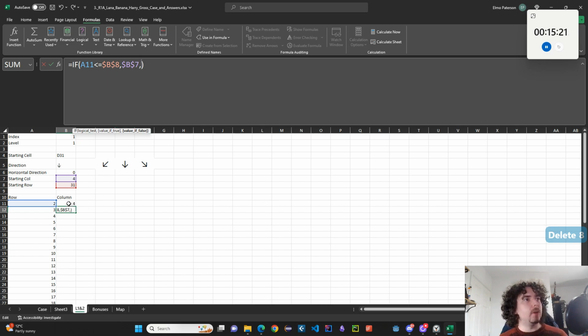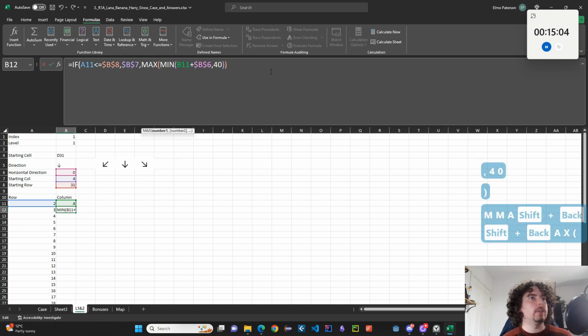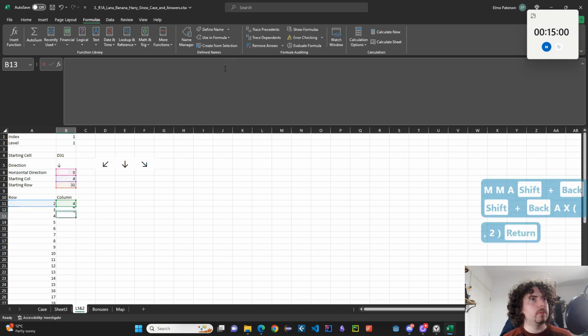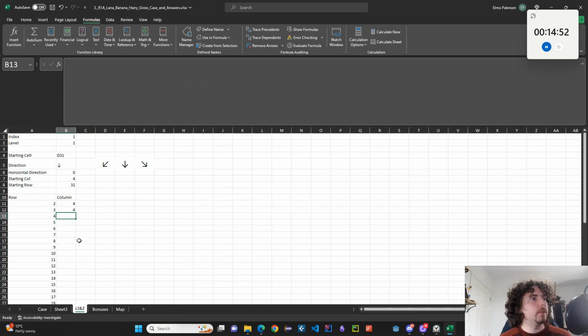Otherwise, it's the column above plus the horizontal direction. And we don't want that to go over 40, and we don't want that to go under 2. Don't want it to go under 2, we don't want it to go over 40 because that's 40 columns, that's fine.